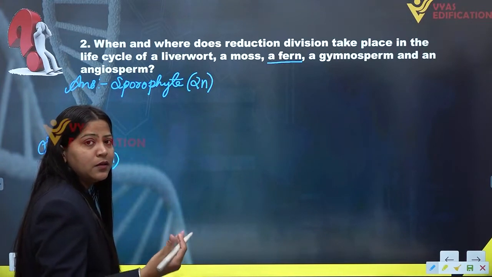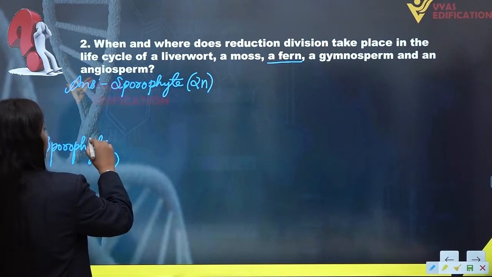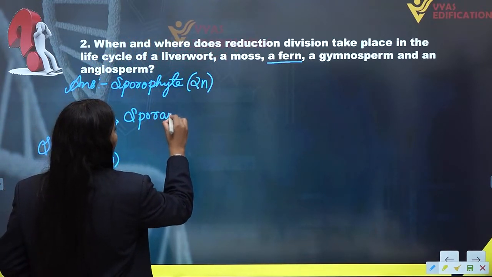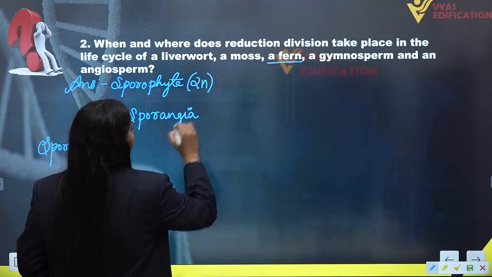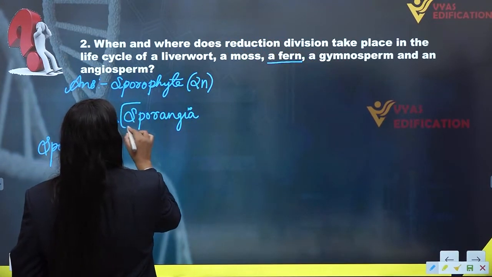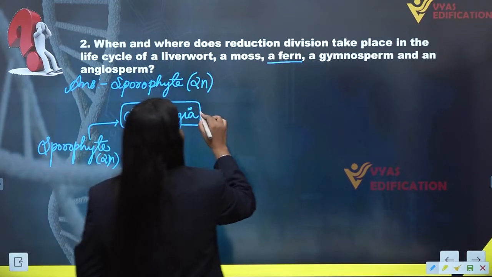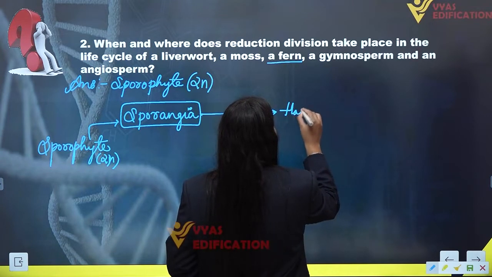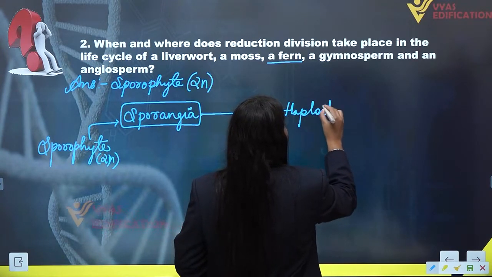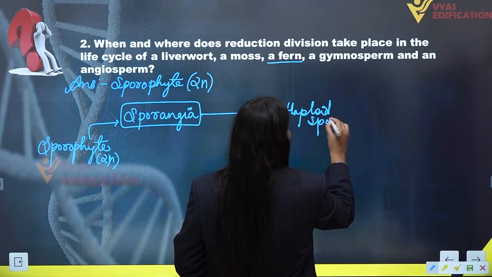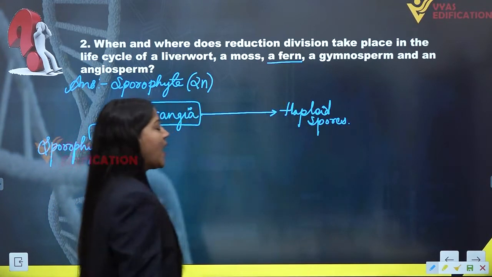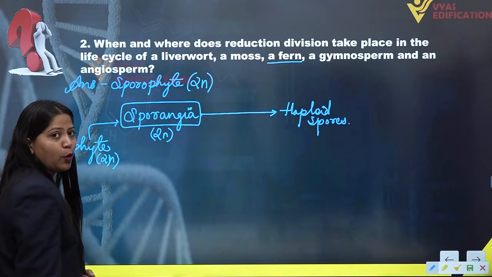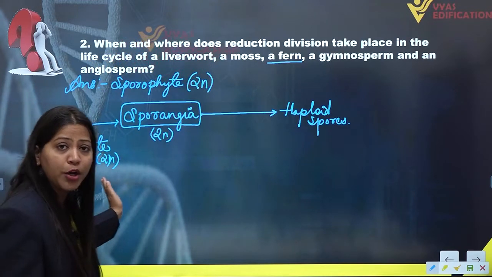Sporophyte will contain sporangia, inside which the haploid spores are going to be formed. But as we know, sporangia is 2n, diploid, as it is a part of a sporophytic plant body of a fern.